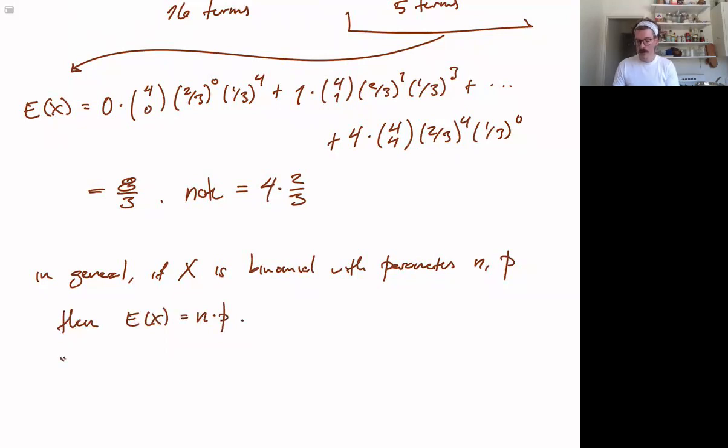And this corresponds to our intuition, like we said. We expect success about p% of the time, where we're understanding p as a fraction. So this expectation matches our intuition.